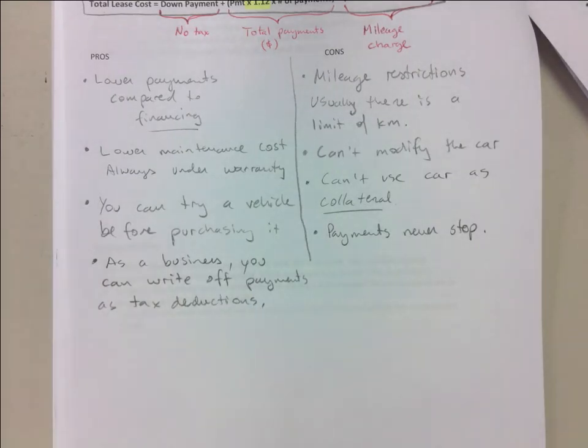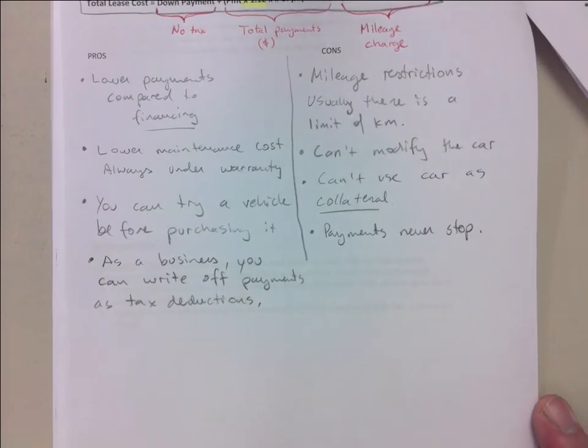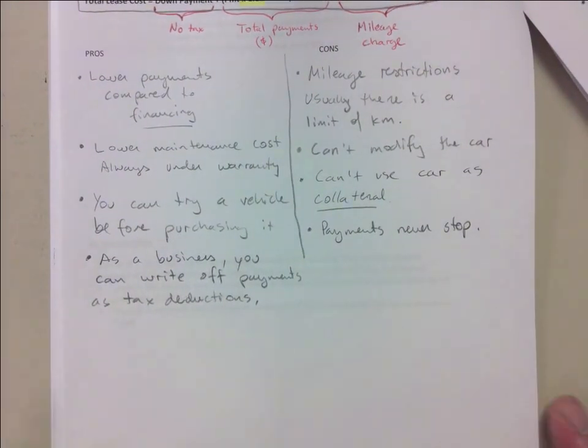You can write off the payment on your tax, like you can say, hey, that's actually an expense that I've incurred as a business. So you pay less taxes because it was an expense, right? Yeah. You can also say there's less downtime as a business, right? So I'm going to leave it at that. Let's go and solve this.